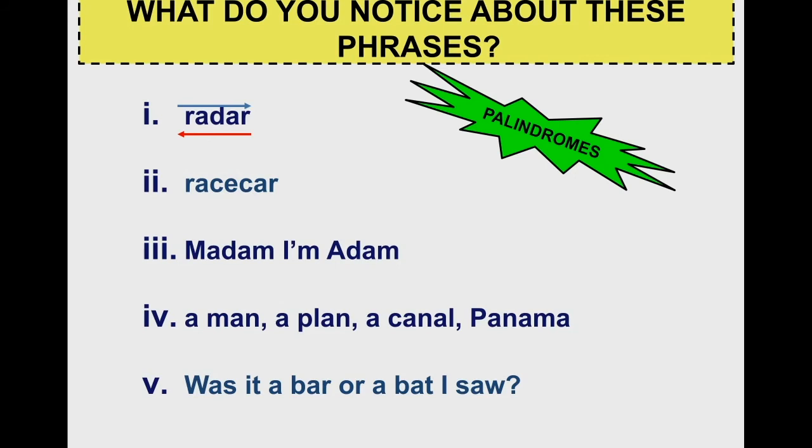Let's try the second one, race car, and it will sound the same in the opposite way, race car. Okay, this is the third one, Madam, I am Adam. Madam, I am Adam. Okay, students, you may try the rest by yourself.